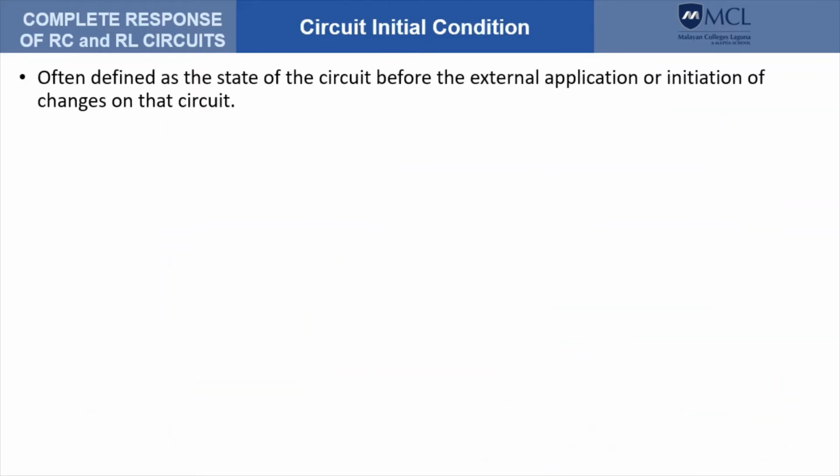In dealing with circuits containing energy storing elements, it is always necessary to know the initial conditions of a particular circuit. So the initial condition is the state of the circuit before any changes to the circuit are applied. But there is more to the initial condition of a circuit.